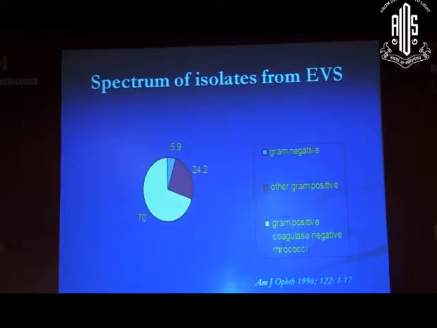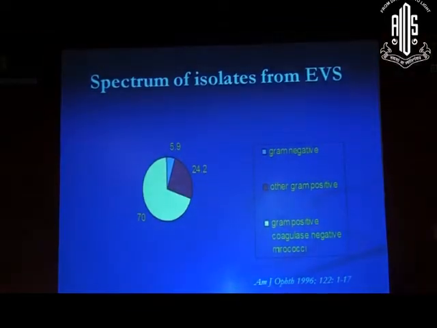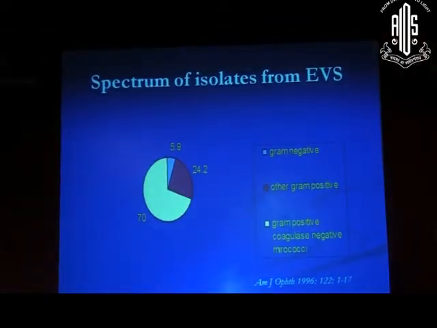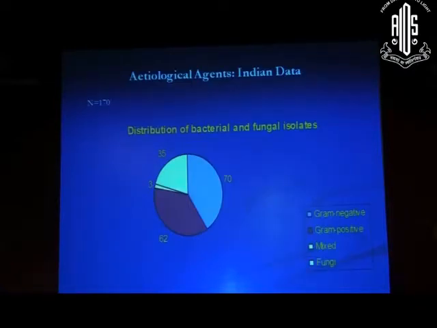Again, we must remember that most of us, when we think about endophthalmitis, we think of the EVS that was done many years ago, and what they found at that time was a predominance of gram-positive organisms in their study. But in India, it's very different.